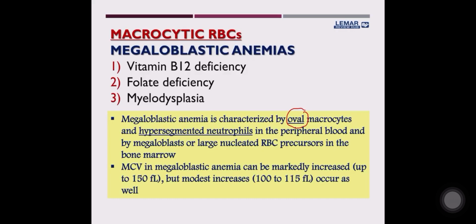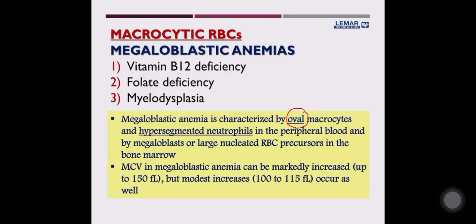Megaloblastic anemia are also characterized by hypersegmented neutro. Hypersegmented neutro ay neutro with 6 or more lobes. Remember, ilan ang normal lobulation ng mga neutro? 2 to 5 lobes. Hypersegmented, those neutrophil with 6 or more lobes.